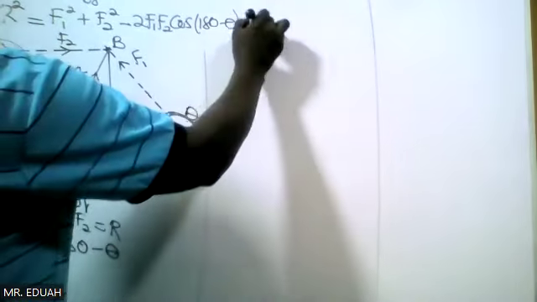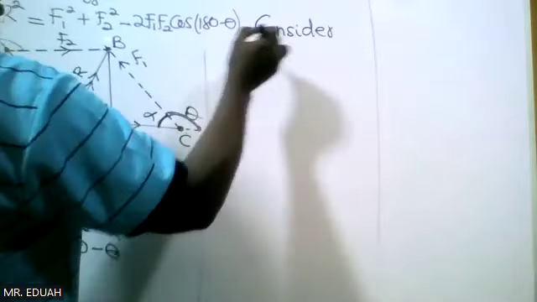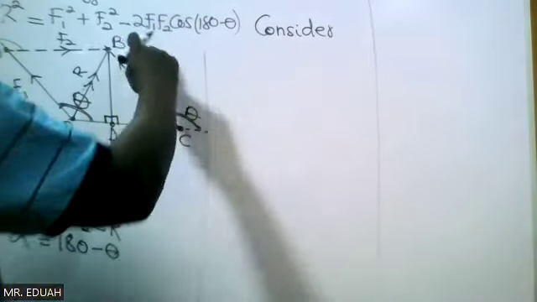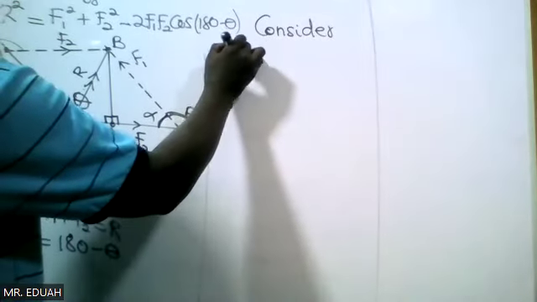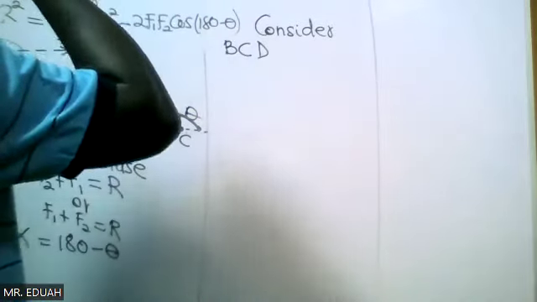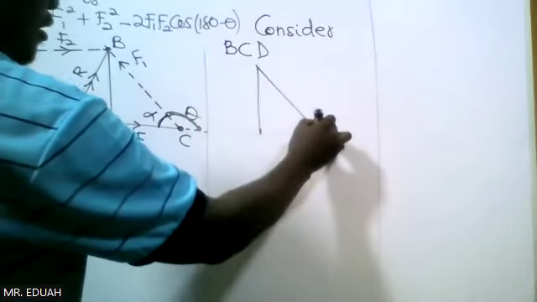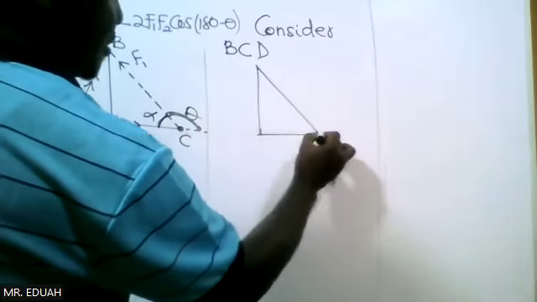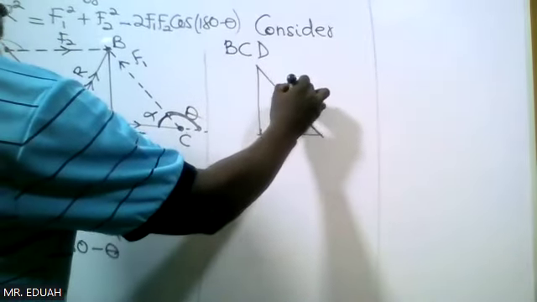When you consider triangle BCD, BCD is a right angle triangle. What is this? The hypotenuse is F1.